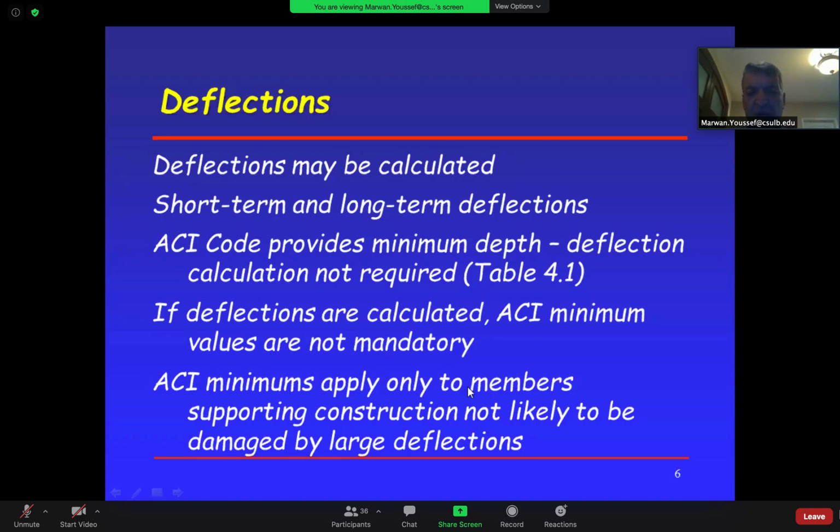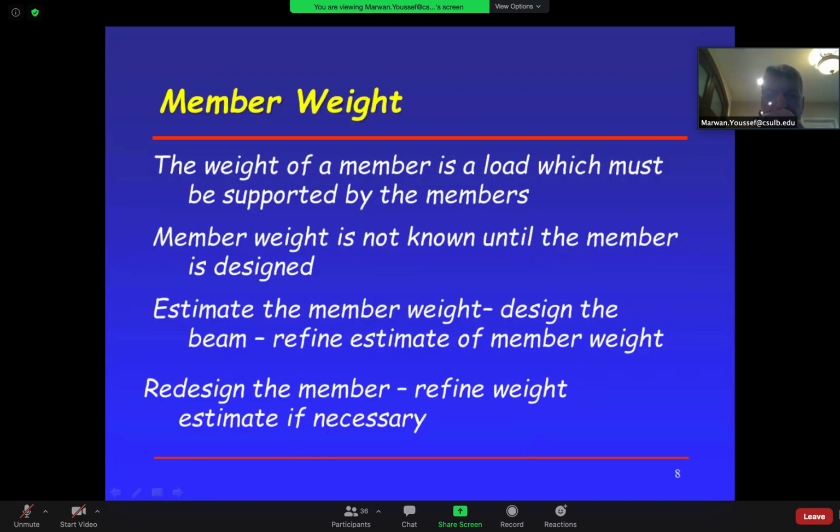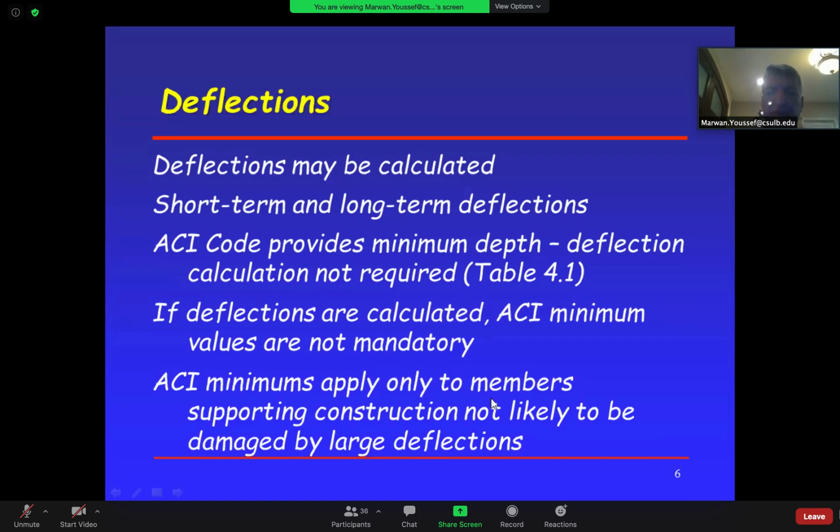ACI minimums apply only to members supporting construction not likely to be damaged by large deflections. Okay? So these minimums that we're talking about are applicable only to members supporting construction not likely to be damaged.